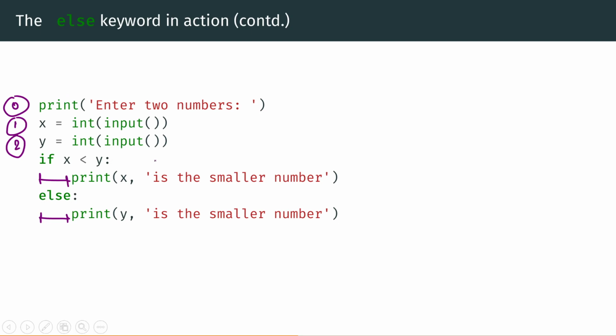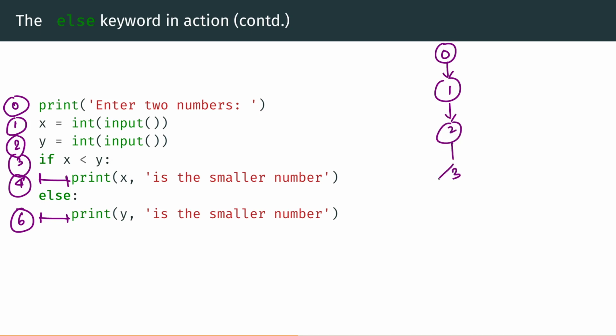So I've entered two numbers, and this is where I make that decision. I check the condition if x is less than y, and based on this condition, I either go to line 4 or go to line 6. Again, the tree looks like 0, 1, 2, and at 3 we have to make a decision.